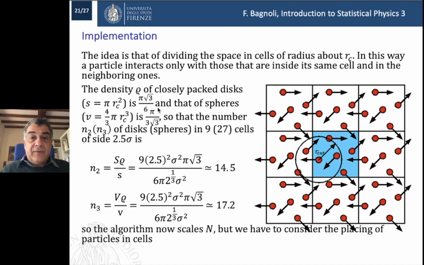And you can compute that even in the dense packing of the system, I mean in the solid phase, you have a limited amount of particles with which one particle can interact. And so the algorithm now scales like n, but clearly we have to take into consideration the problem of finding which particles are within a certain radius of other particles.